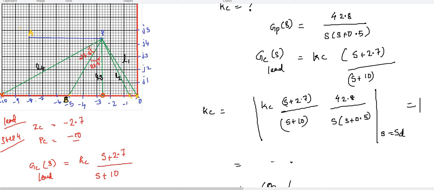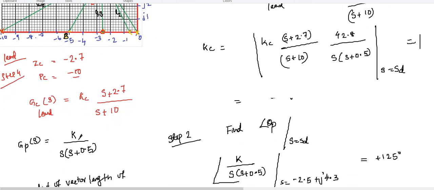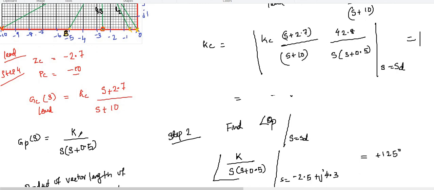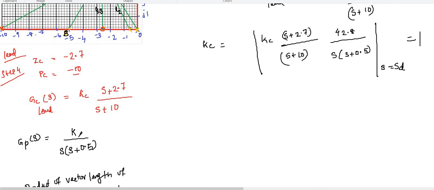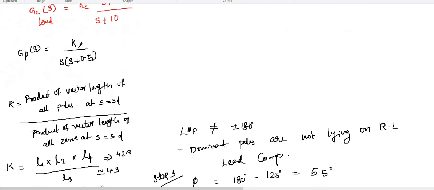Using the magnitude criterion, the open loop transfer function magnitude should be equal to 1. Now with the compensator, our open loop transfer function is GC of S into GP of S, so its magnitude should be equal to 1.